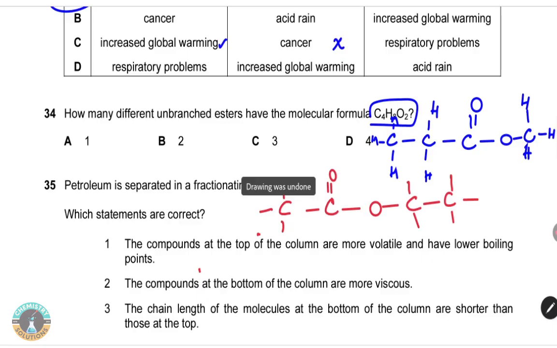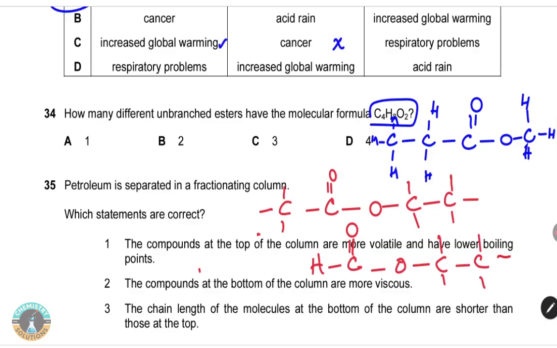Another one can be propyl methanoate. So these are the 3 molecular structures which can be formed unbranched. The question is about unbranched esters with molecular formula C4H8O2, so it will be 3.